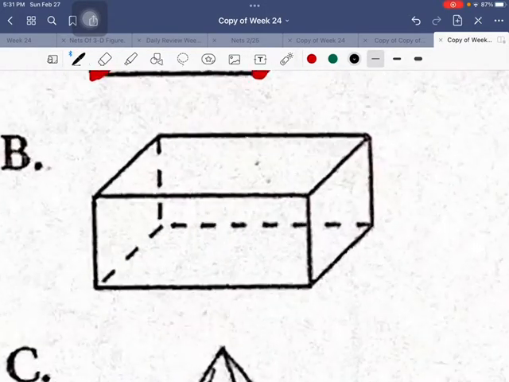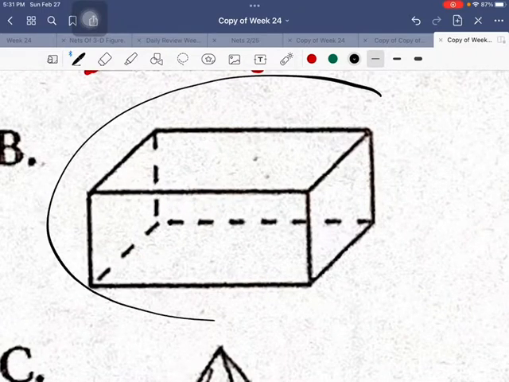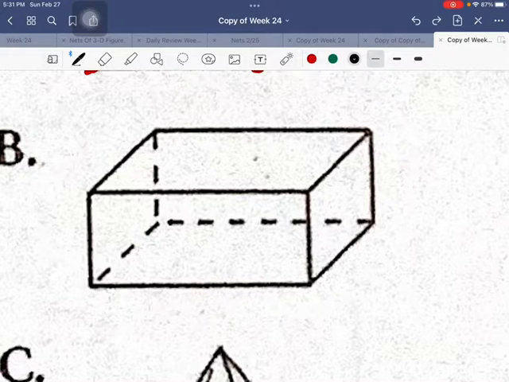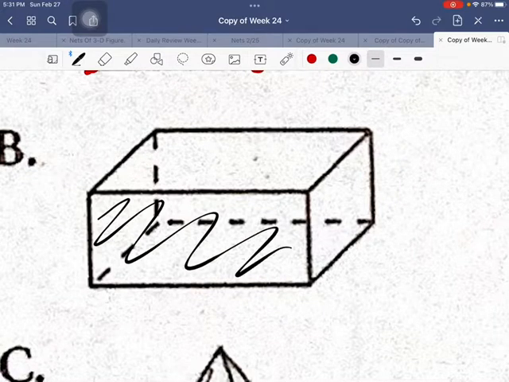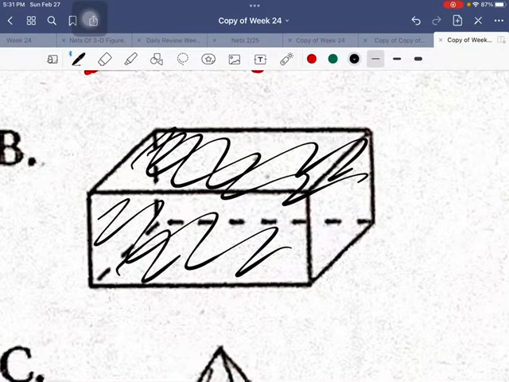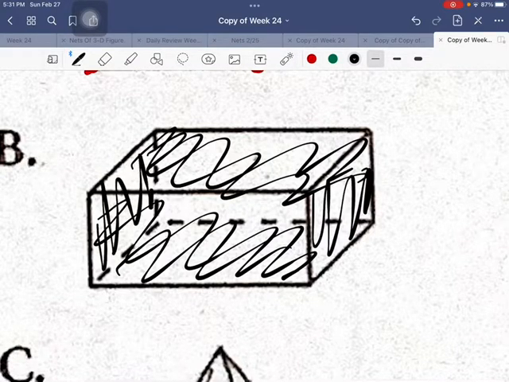Now this one, what is this one right here? Gotta look at all the sides to know what it is. This is a rectangle. The top is a rectangle, and the bottom is a rectangle. These also look like a rectangle.